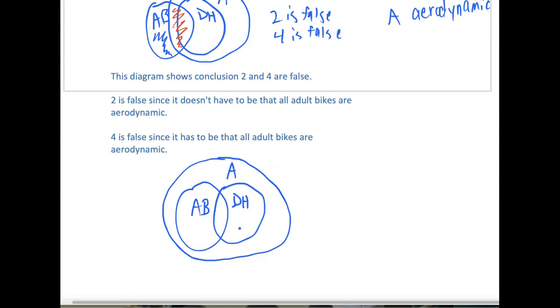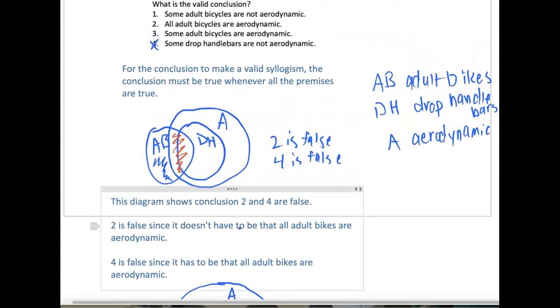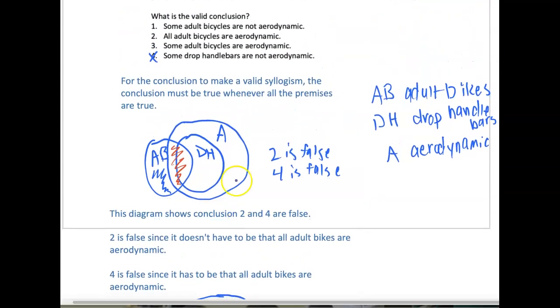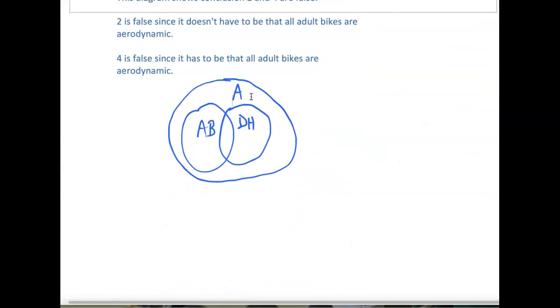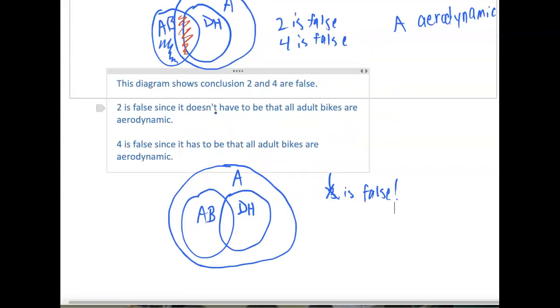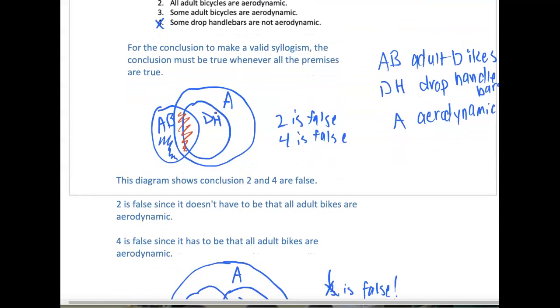So what about this diagram? Let's look at numbers 1 and 3. Some adult bicycles are not aerodynamic. Well, in this picture, 1 is false, because in this picture, all adult bicycles are aerodynamic.